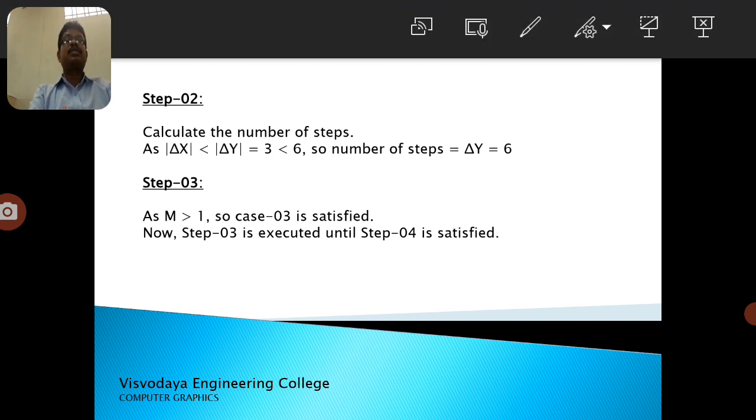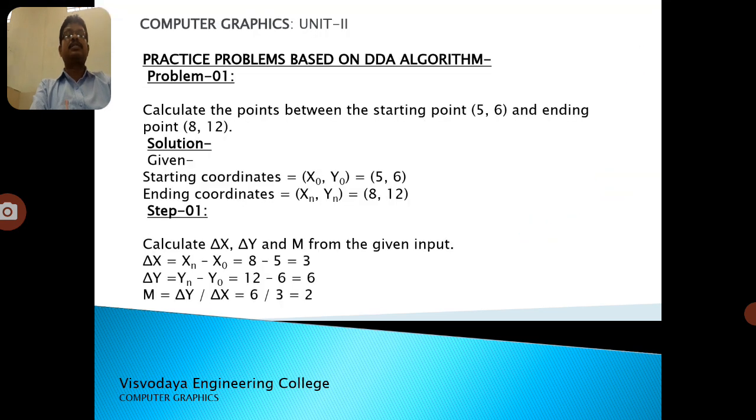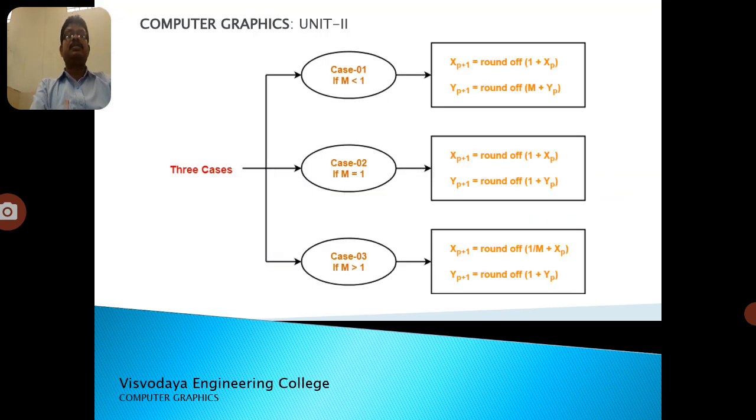The next one, the slope value m, we can calculate here. m equals delta y by delta x. Delta y is 6 and delta x is 3, so m equals 2. Since m is greater than 1, we go to the third case, which we already discussed. Because the slope value m equals 2, we go with the greater value.